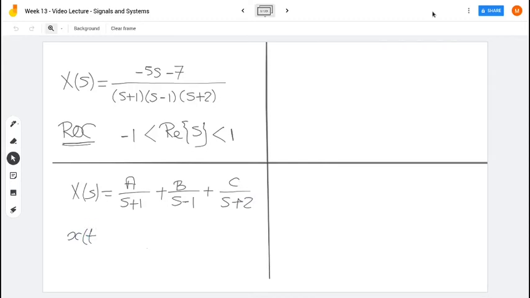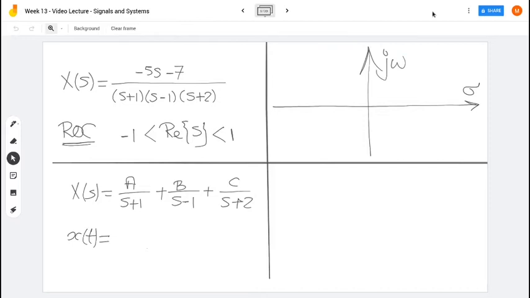We need to find x of t. But before we do so, let's try to draw the region of convergence and see what kind of information we can extract from it. This is sigma, this is j omega. And as you can see, we have three poles in this case.